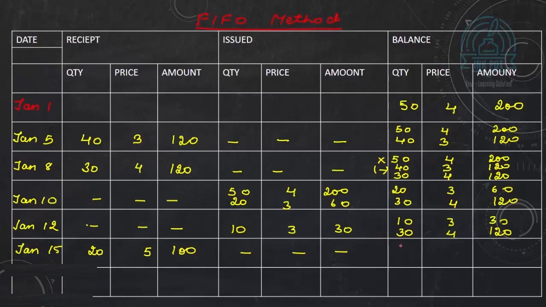We have 10 units, 30 units, and 20 units at different prices. So 10 units are at the rate of 3, 30 units at the rate of 4, and 20 units at the rate of 5. So values 30, 120, and then 100.